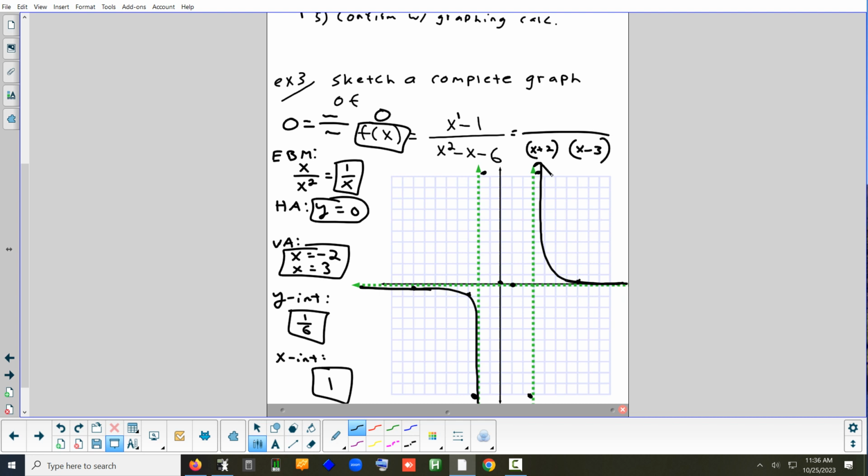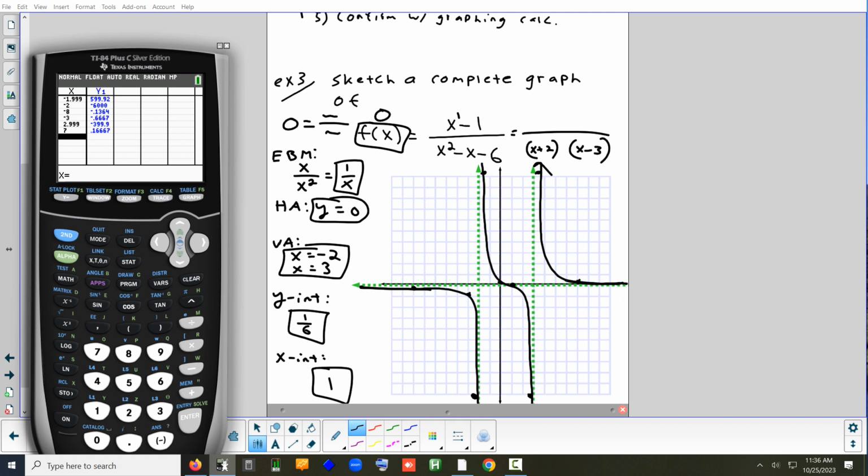The middle section is going to be trapped between the verticals. It is going to cross the horizontal, since we have an x-intercept. It's going to come down and curve through those points. Whether it's a little flatter in the middle, or I might not have that curve perfect, it's going to look pretty close.